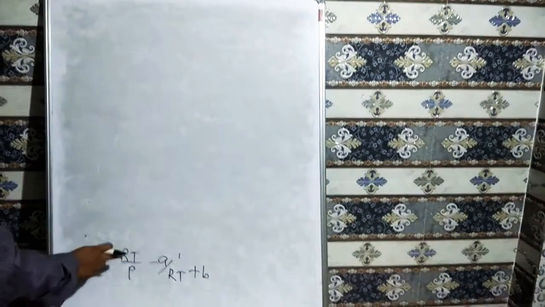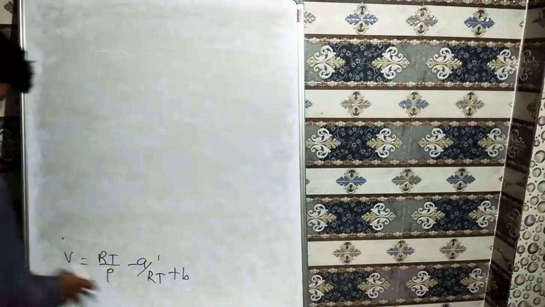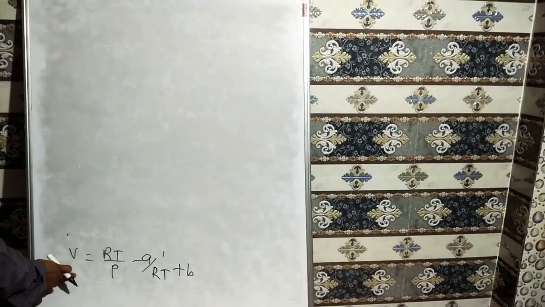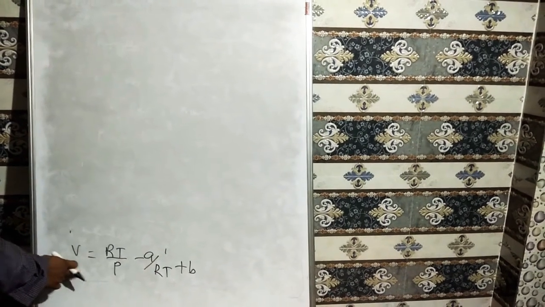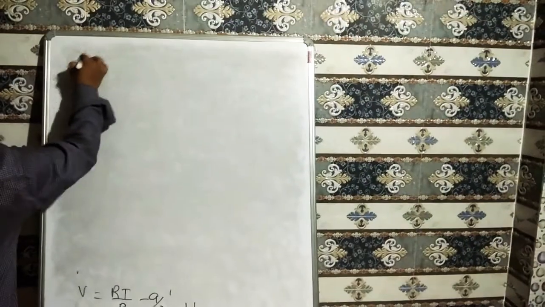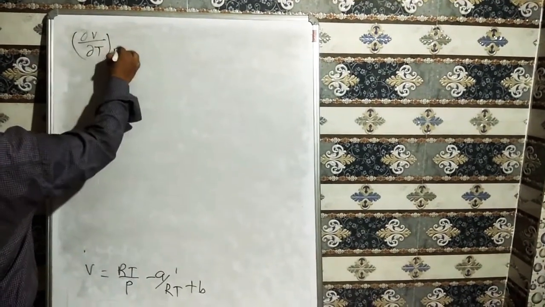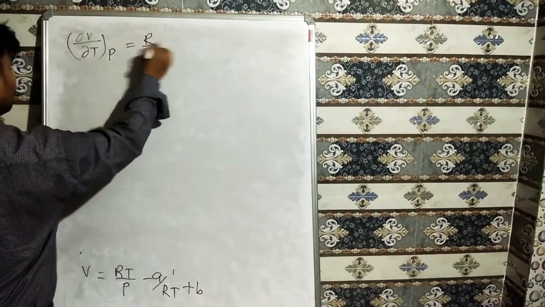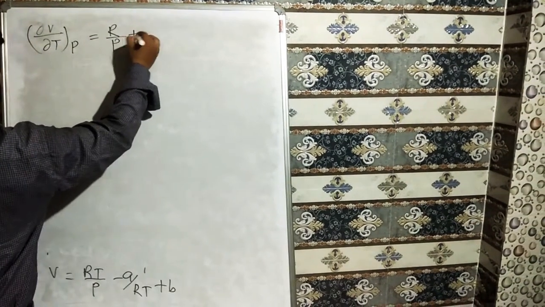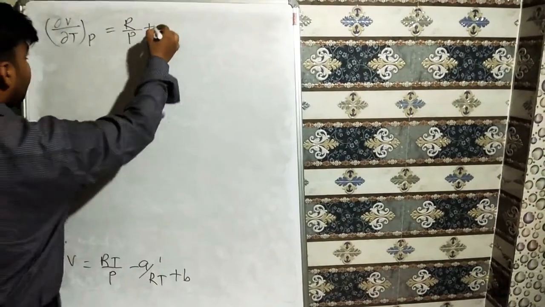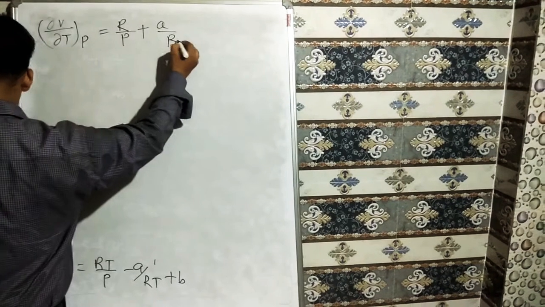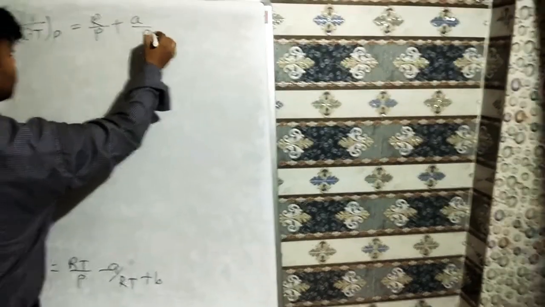Now differentiate this above expression with respect to temperature at constant pressure. We get del V by del T at constant pressure is equal to R by P plus A by R T square.